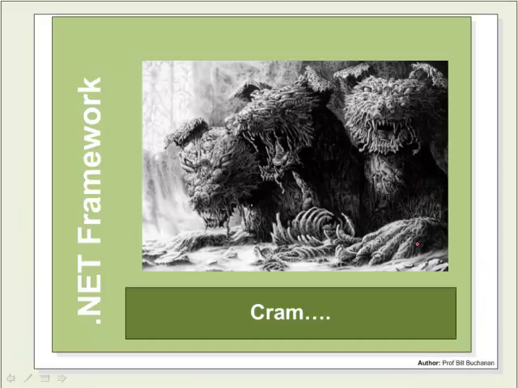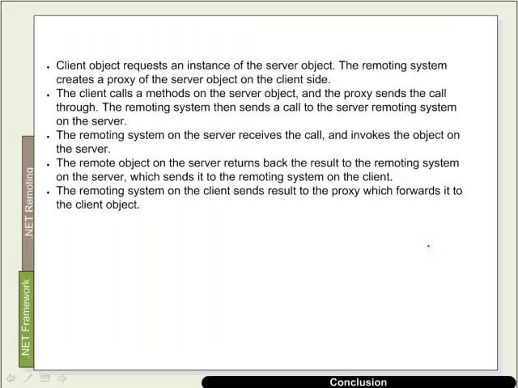So let's look at some very basic principles that we've covered in this session. One of the main concepts is that a client object requests an instance of a server. Then the remoting system creates a proxy to be able to communicate with the server object.